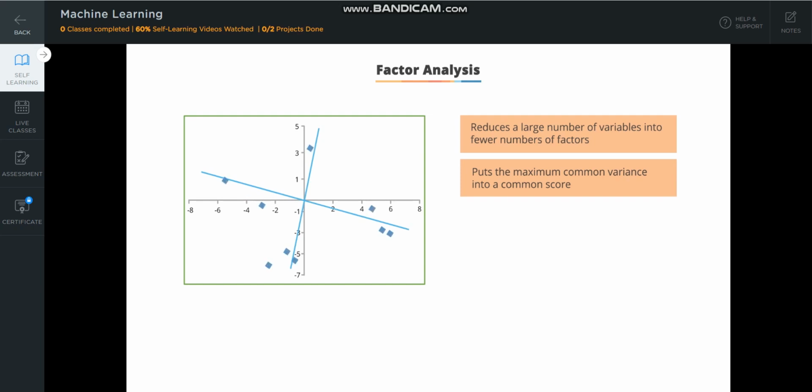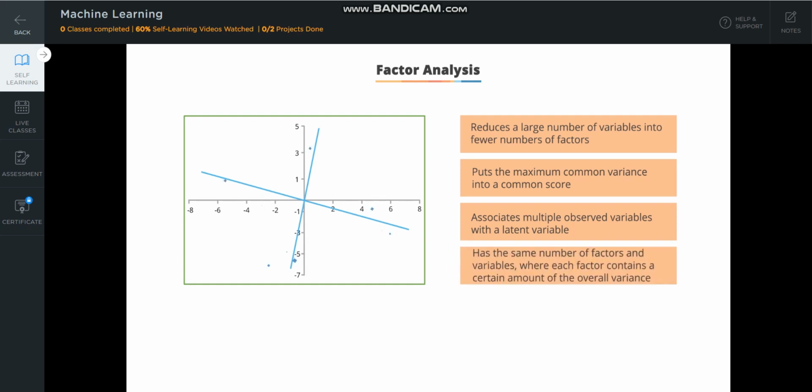In factor analysis, multiple observed variables are all associated with a latent variable, so they have similar patterns of responses. In every factor analysis, there are the same number of factors as there are variables. Each factor contains a certain amount of the overall variance in the observed variables, and they are always listed in order of how much variation they explain.